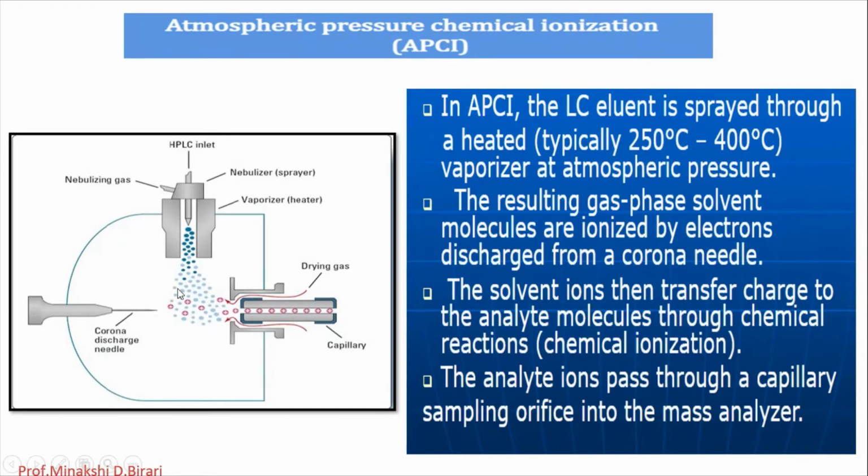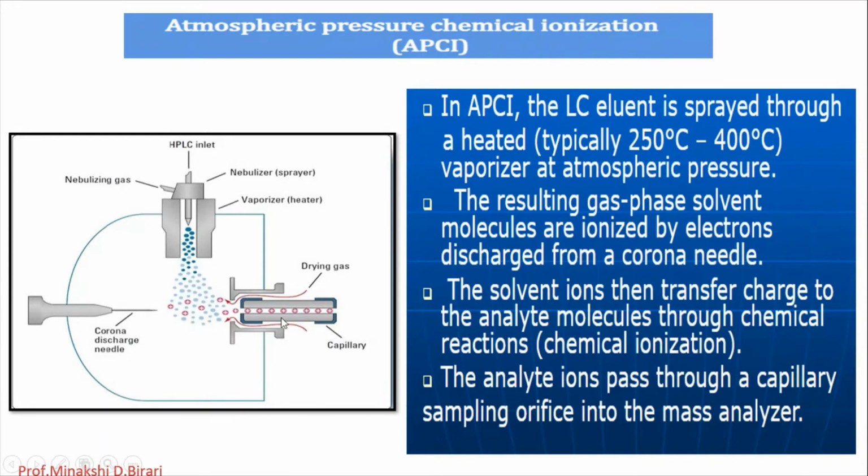The analyte ions pass through a capillary sampling orifice into the mass analyzer. Generally, APCI is coupled with a chromatographic instrument like HPLC, and here the corona discharge needle or corona discharge lamp is used for ionization purposes.